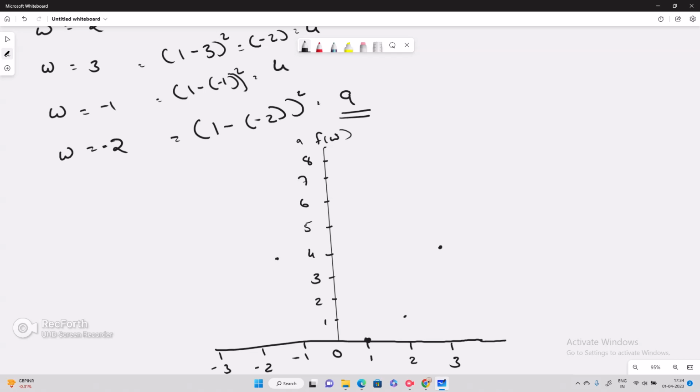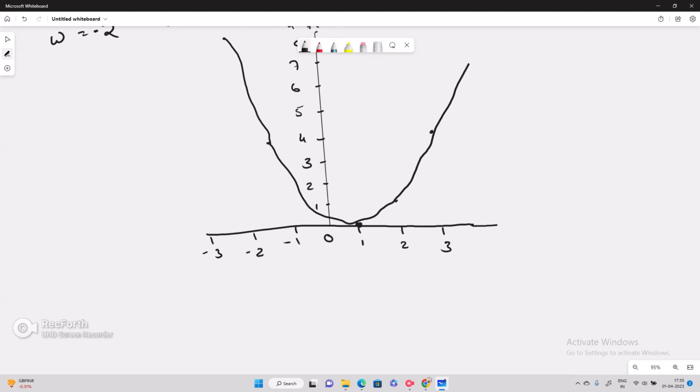Now when it is minus 1, this will be 4, and when it is minus 2, this will be around 9. Okay, so we can join these points. They are not exactly correct, but we can try to join this, then we will get something like this. So this is somewhat called a parabola shape.